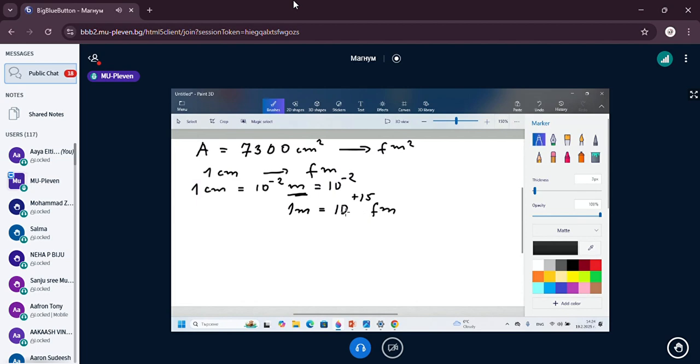Plus why? Because this is big, this is small. Positive exponent. So thus this must be substituted, this placed instead of meter, in the place of meter. So thus let me continue here, multiplied by 10 power 15 femtometers. So thus we've got 10 power 13 femtometers.